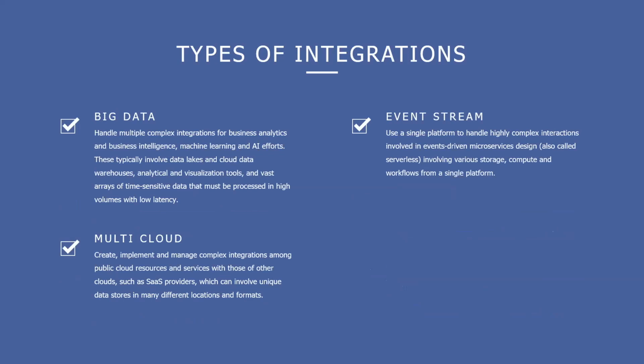There's big data, these data lakes that you may need to collect information from, then streams, multi-cloud. You get the idea that there is an enormous amount of things that people today want to bring into and out of their systems, whether it is bringing it into your ERP, sharing it out with your ERP, or maybe you have sales and marketing data that needs to go to a specific commission software.